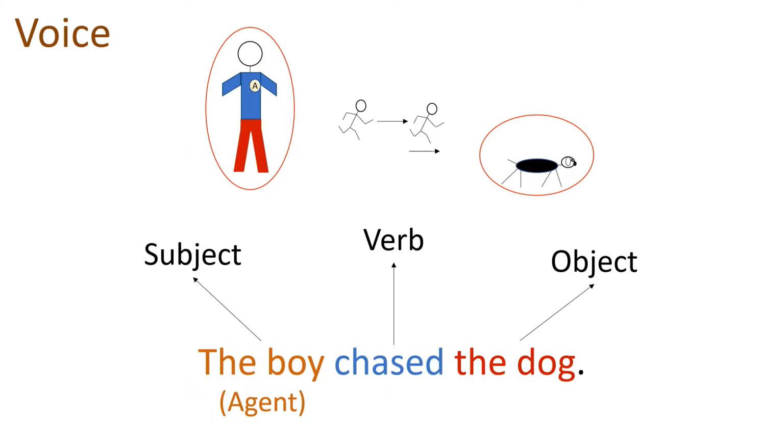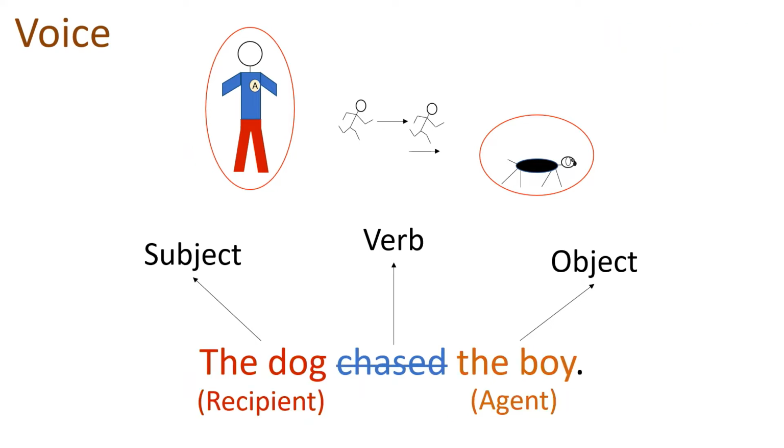That is, it is the boy who is doing the chasing. The dog is the recipient of the verb. It is the dog that is being chased. This arrangement is what is called active voice. In active voice, the subject is the agent of the verb, and the object is the recipient of the verb.